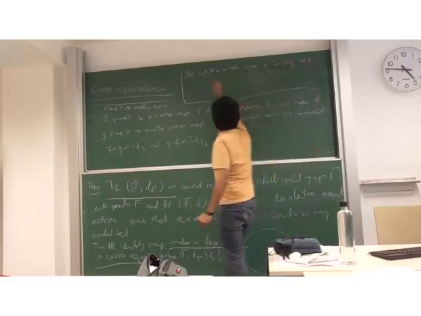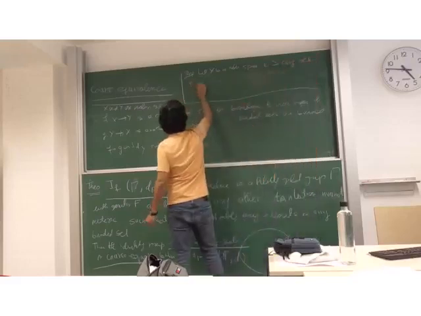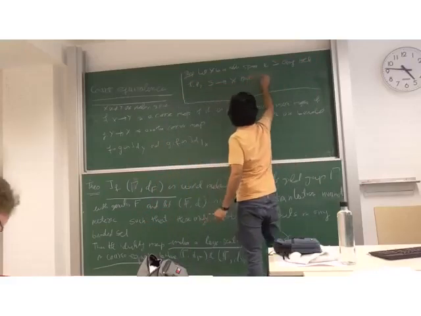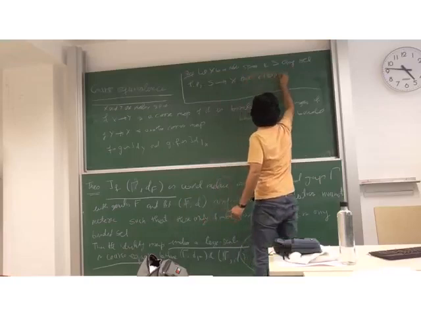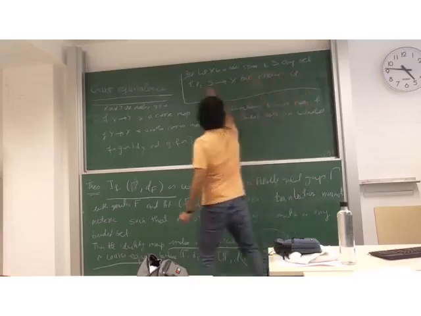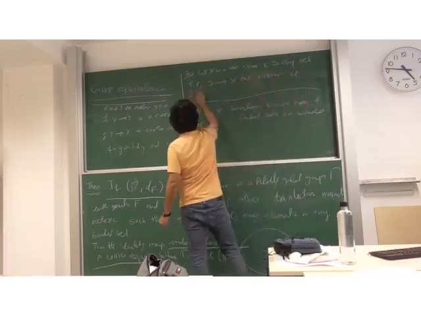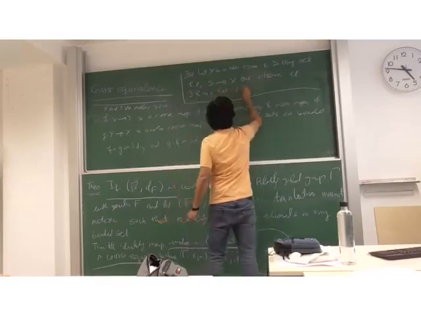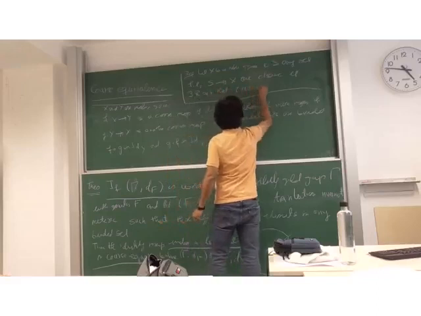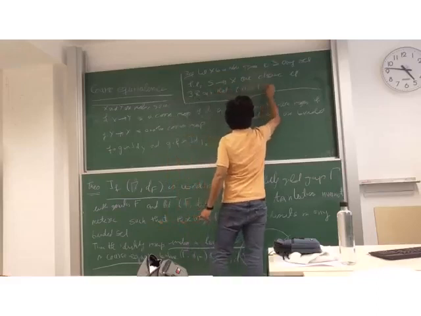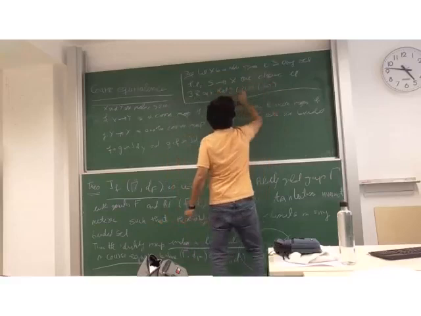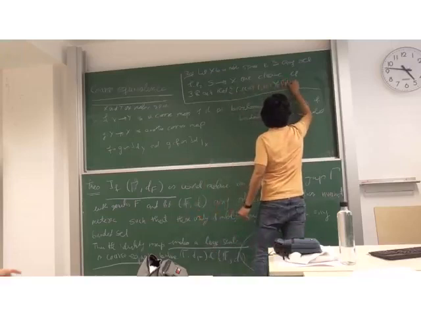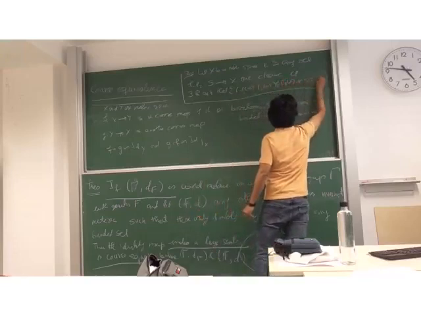Then f1, f2 from S to X are close to each other if there exists an R such that (f1(s), f2(s)) belongs to E_R for all s in S.